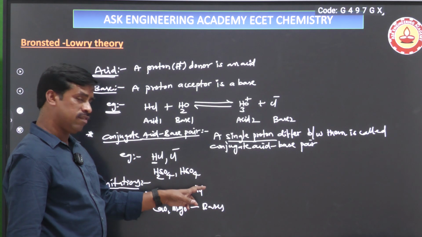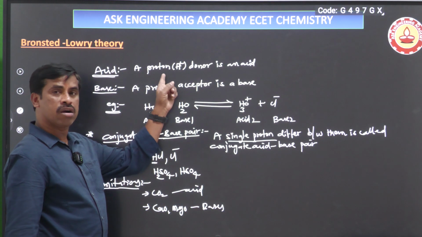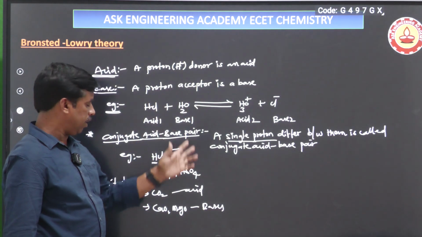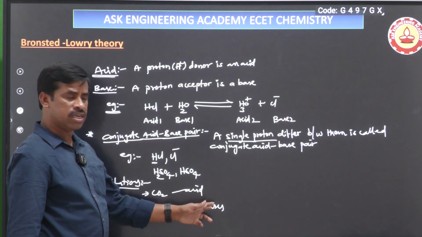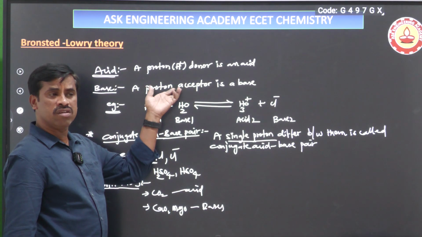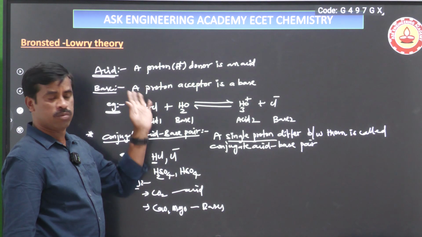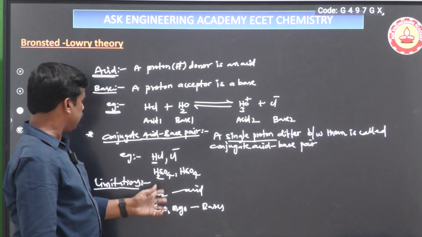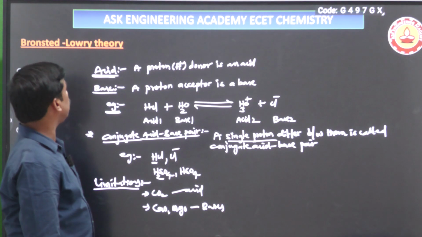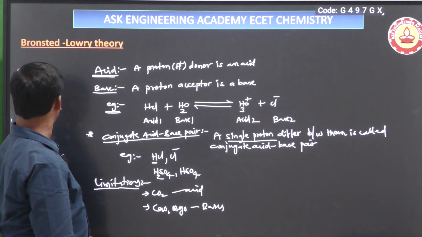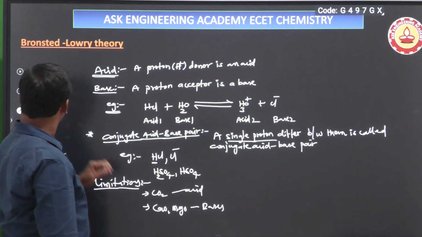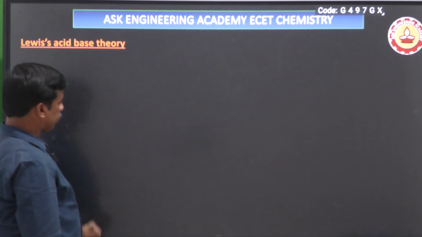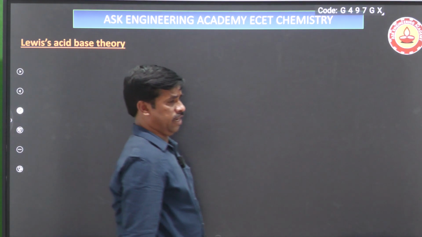Carbon dioxide is practically an acid, and calcium oxide and magnesium oxide are practically bases, but according to this theory he did not explain anything about these compounds. These are the limitations of Bronsted-Lowry theory. Next I am going to continue with the next theory, Lewis theory.